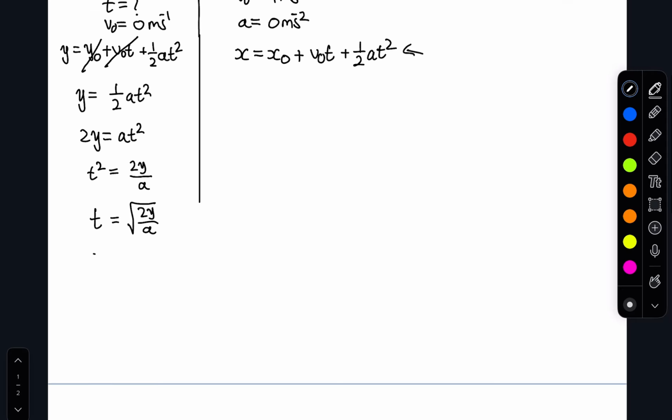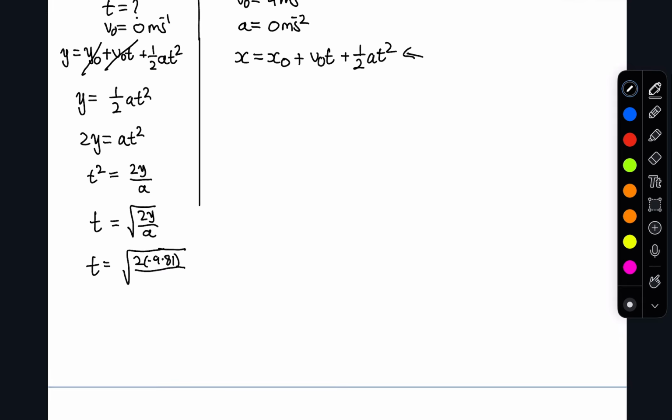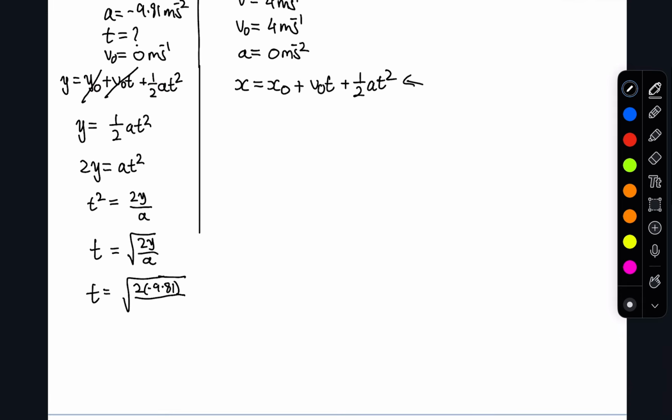And we substitute that in, sorry, it's 2 times negative 6 divided by negative 9.81. So that becomes the square root of 12 over 9.81.